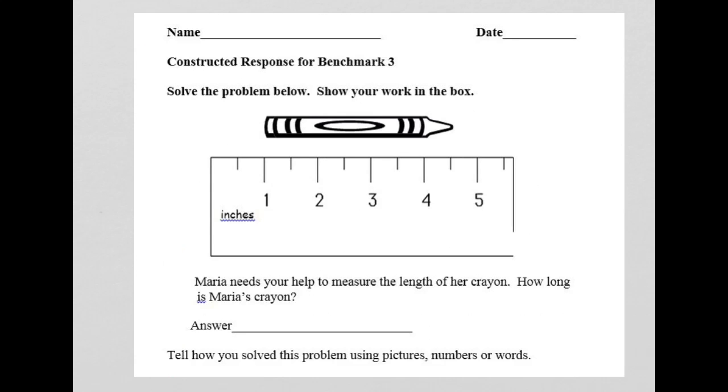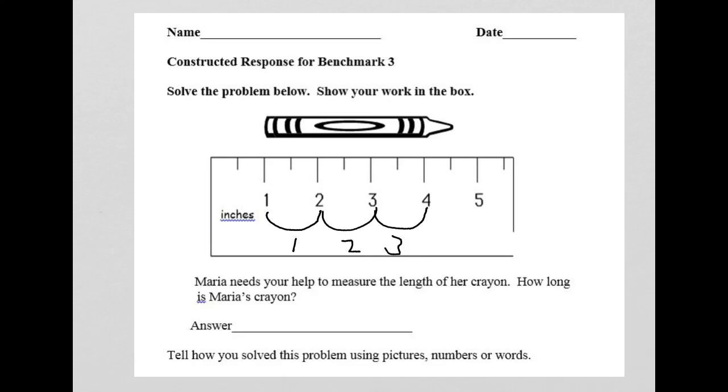So let's look at the problem again. We've got to measure that crown, and we've got to figure out how we're going to do it. Well, I see that there are two ways that it could be solved and show a constructed response, and so I'll show both of them to you. The first way that I would probably do it is simply to count across here, beginning with 1. There would be 1 inch. There would be 2 inches.